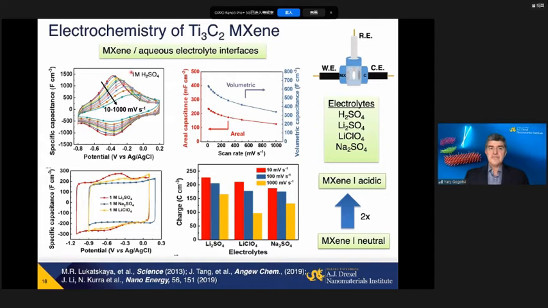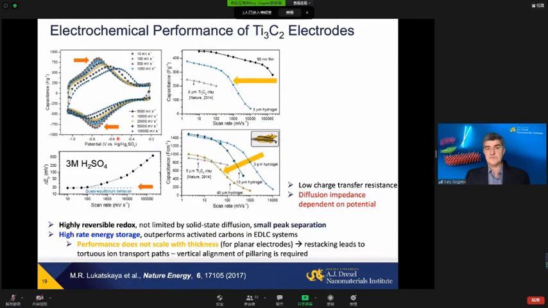But in a protic electrolyte, you will see these peaks, which are electrochemically reversible, but shift slightly, and the separation increases as we increase the rate, getting high volumetric capacitance. So the first message is that different ions give you different processes here.